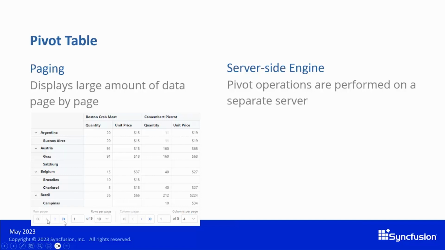You can navigate through them and set the page size for rows as well as columns. So you can make use of it for displaying a large amount of data, in a page by page view.